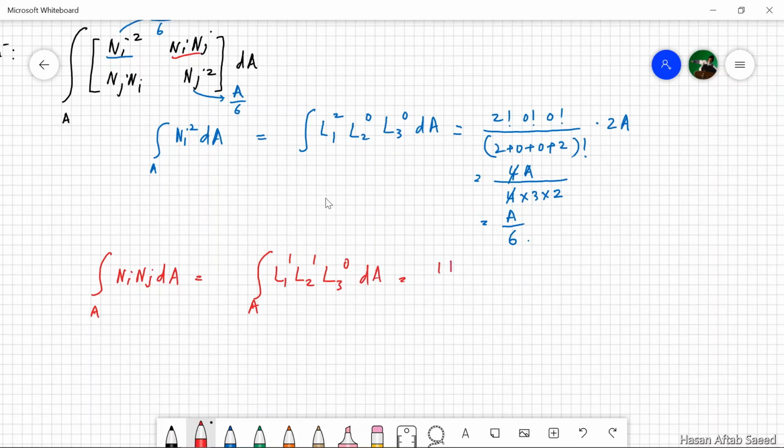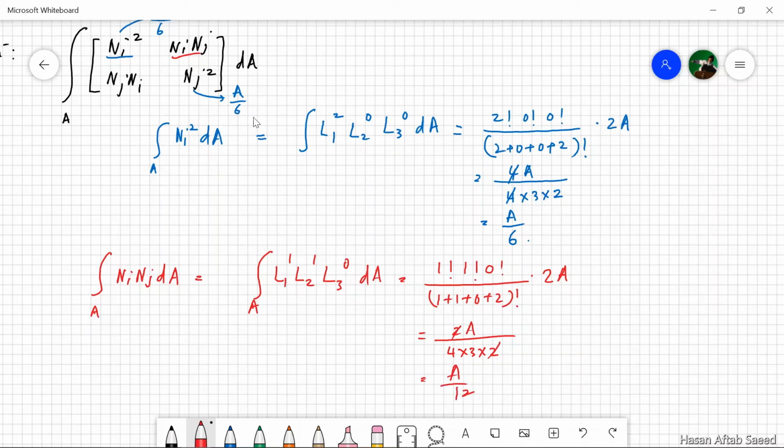So 1 factorial, 1 factorial, 0 factorial over 1 plus 1 plus 0 plus 2 factorial into 2a, and then we get 2a over 4 into 3 into 2, which is a by 12.